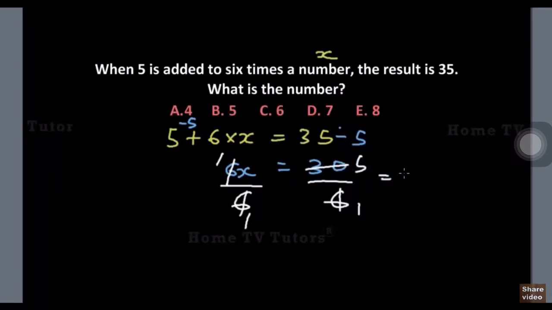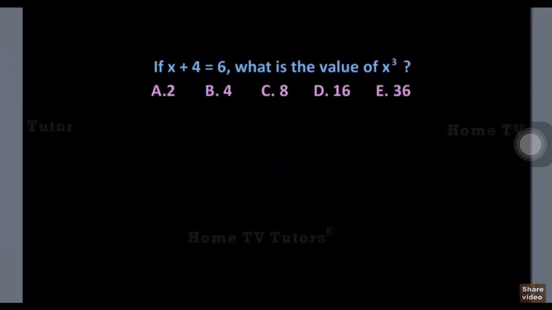So the answer is 5. It means x is equal to 5. Anytime you see this kind of question, you look for any letter to replace it. So that's option B.